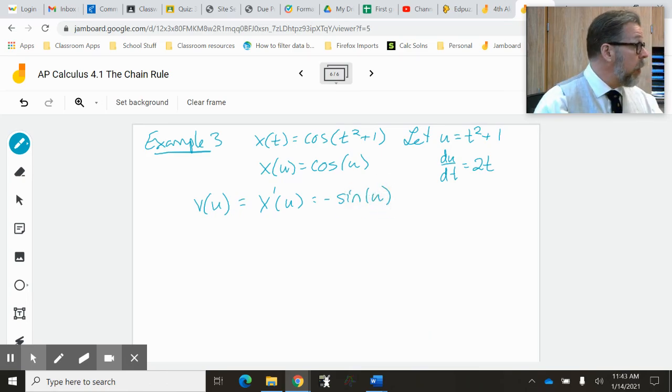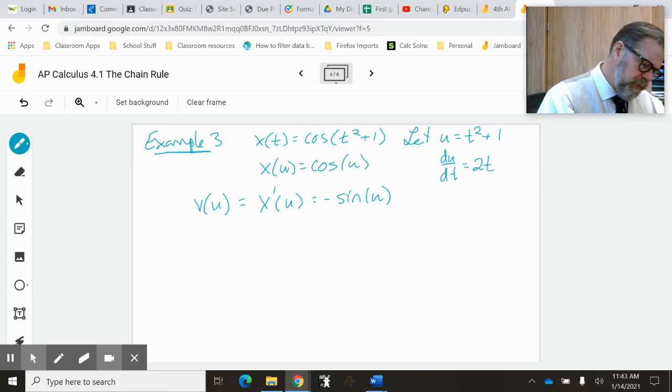And so now we can say that the derivative of x with respect to time is equal to, well, I hate the fact that I switch back and forth in my notation. I'm going to just write this like this. Derivative of x with respect to u times the derivative of u with respect to time, which is negative sine u times 2t.